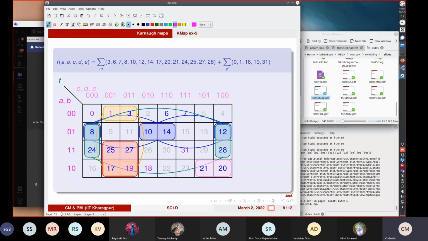So again, from where do you get the don't care term? When you construct your Boolean function, at that time only you realize that some of the minterms are essential and some of them are don't care. That means it really doesn't matter whether you include them.